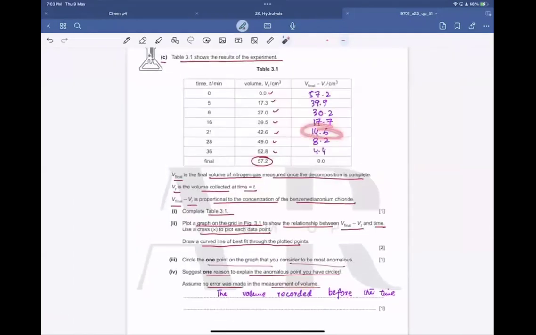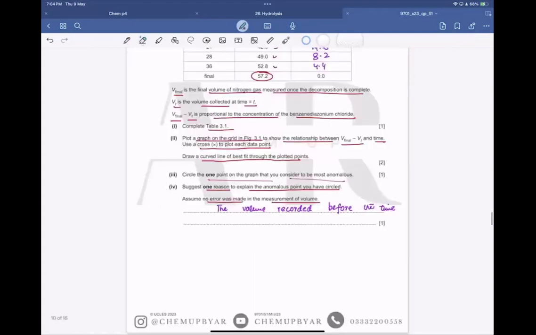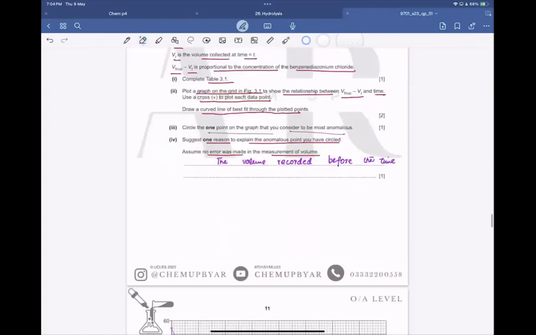It's 14.6, right? So V final minus Vt is 14.6. V final is 57.2.